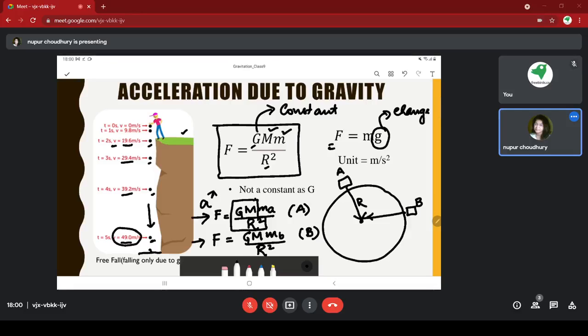Like you see in this picture, these two persons are simply sitting on the edge of this particular, let's say a plank, and it is balanced in just one point. This is the center of gravity point, and this is basically acting downwards.